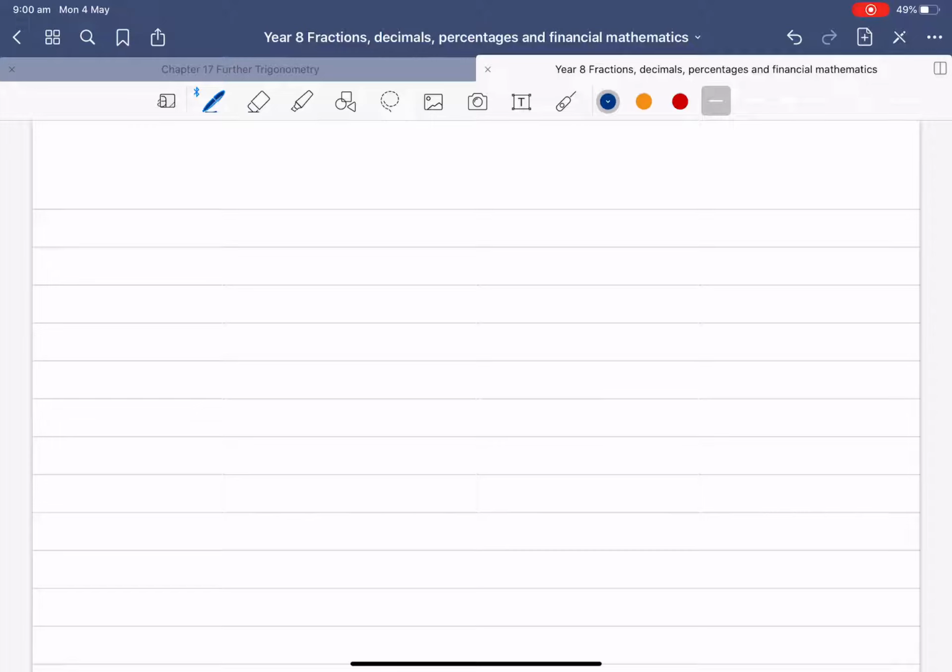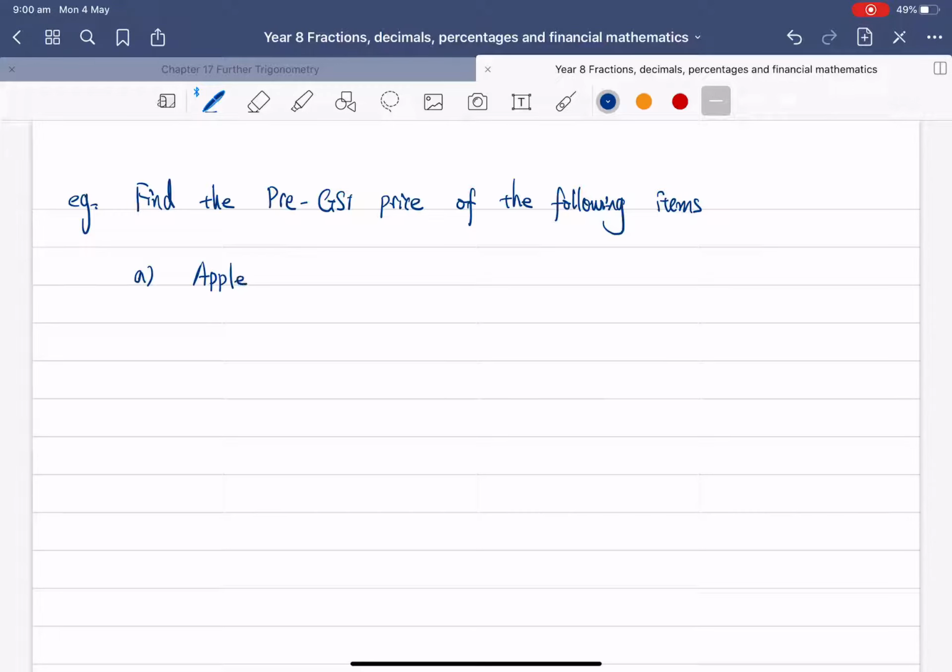The first example is to find the pre-GST price, so the price before the tax, of the following items. The first item is, let's just say, an Apple iPad Pro, and the price that you have to pay, I'm just making this up, is $1,499, roughly.